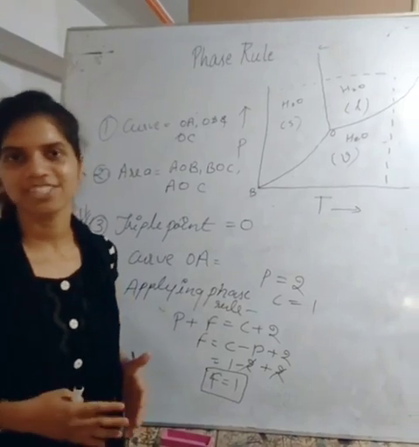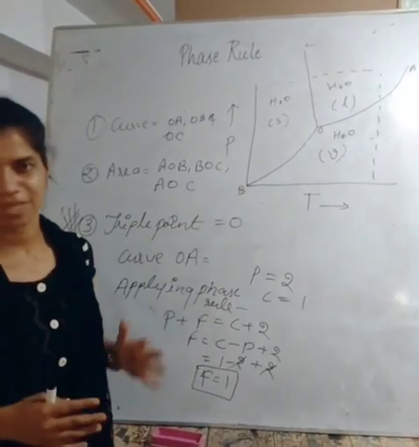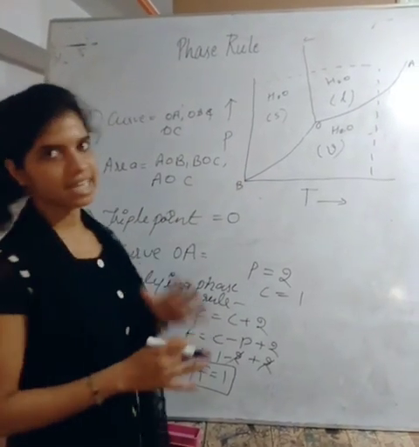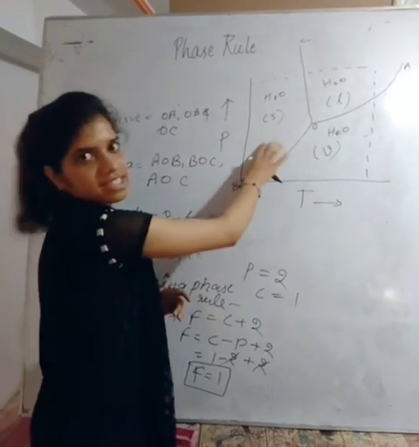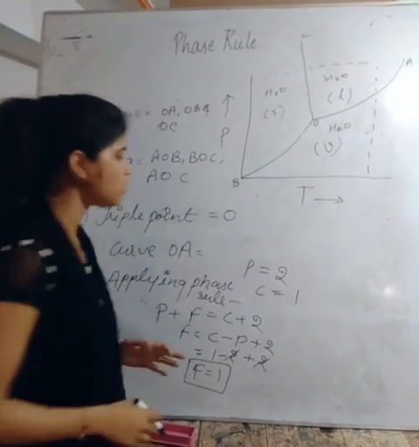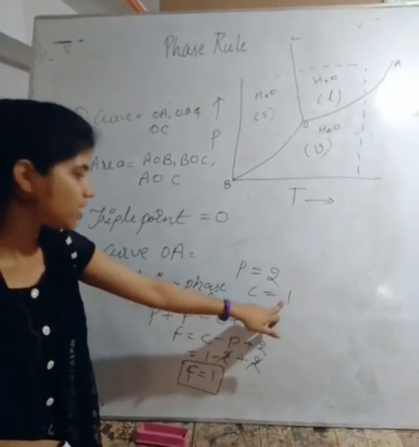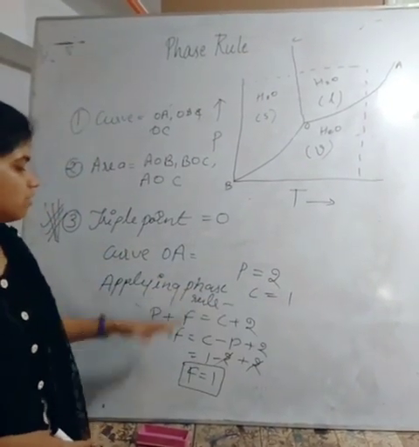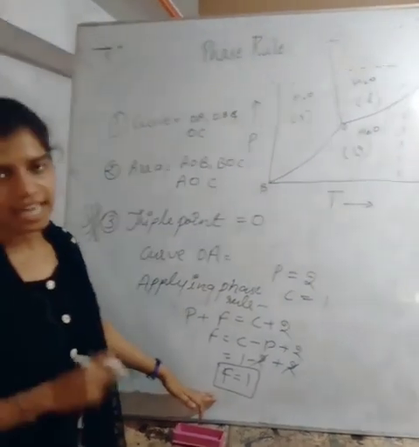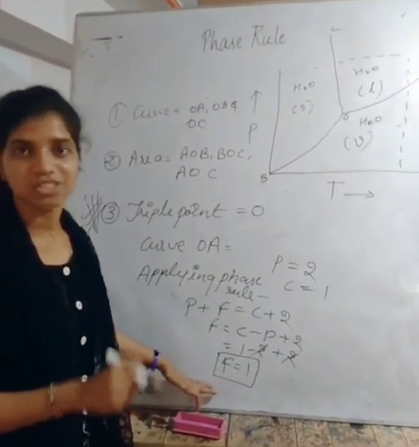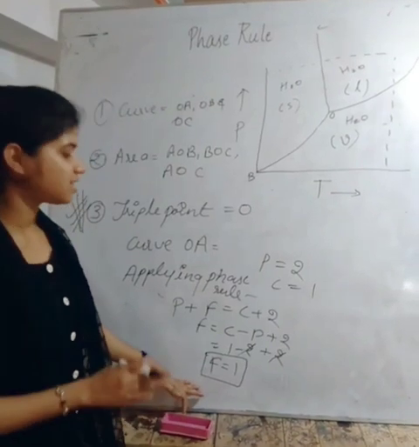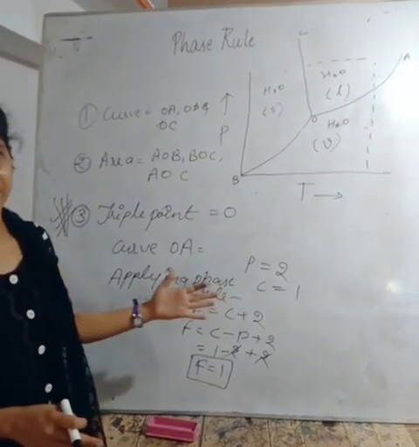So this curve is also known as the sublimation curve. Here also these two phases get merged, so the number of phases becomes 2 and the number of components becomes 1, and by applying the phase rule we get the same result, that F, or the degree of freedom, becomes equal to 1. So this is also univariate.